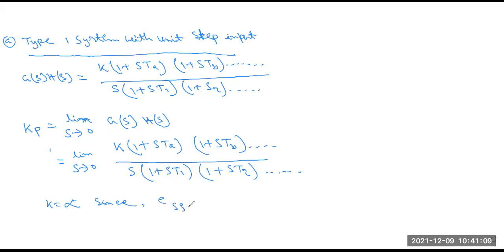Since the steady state error expression is 1 by 1 plus Kp, and Kp is equal to K, the value of K is infinite in that case.